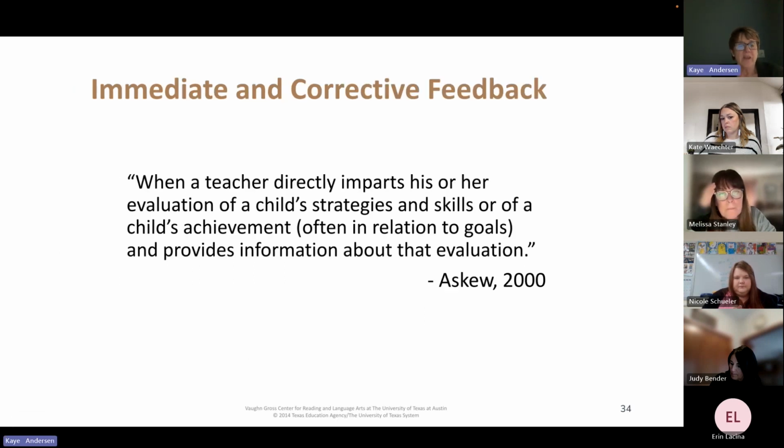I've kept mentioning the idea of immediate and corrective feedback. When we talk about evaluation, it is not necessarily evaluation that is going to go in the grade book, but it's my evaluation of whether a student has the skills and the information that they are successful and ready to move to the next step.